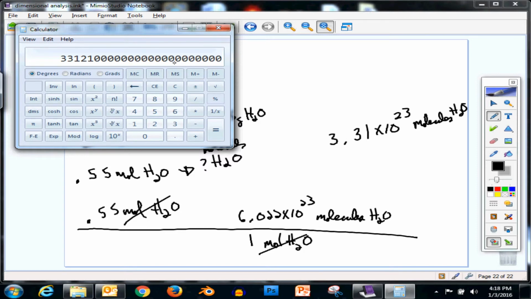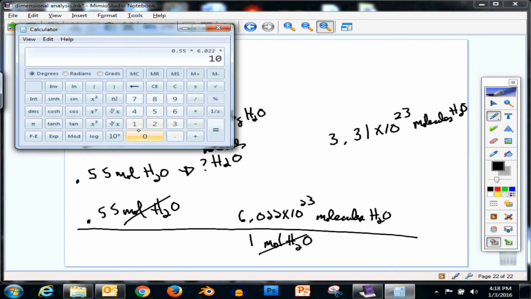E23 equals. Now, notice what it did though. It wrote the whole thing out. So now we have to count our decimal. 1, 2, 3, 4, 5, 6, 7, 9, 10, 11, 12, 13, 14, 15, 16, 17, 18, 19, 20, 21, 22, and 23. So it's still the same answer. 3.31 times 10 to the 23rd molecules of H2O.